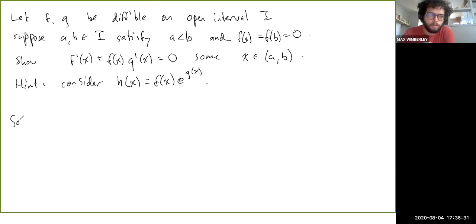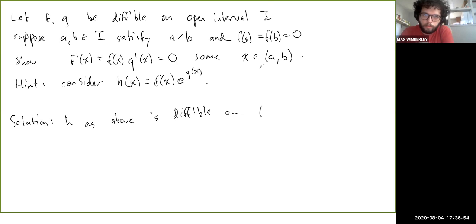So the solution is, if we take h of x as suggested in the hint, then it's differentiable on I, by the product and chain rules.